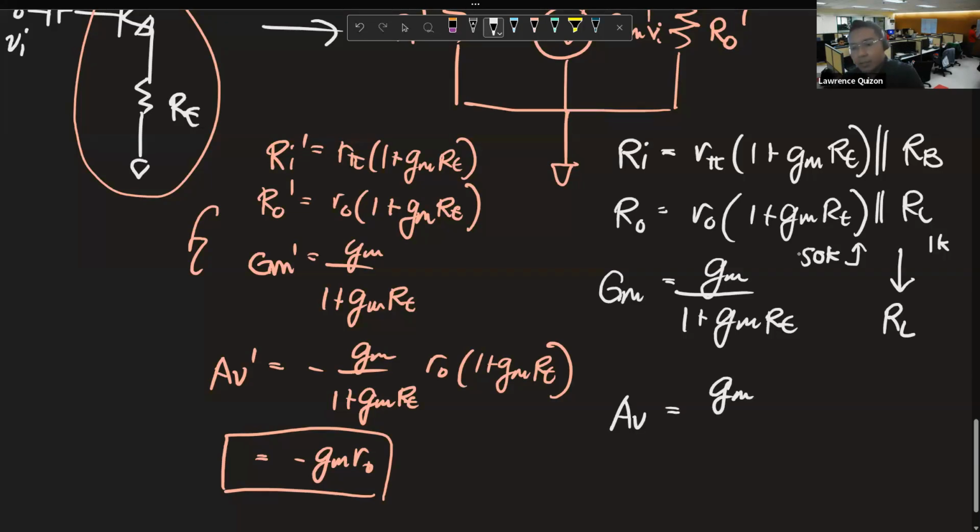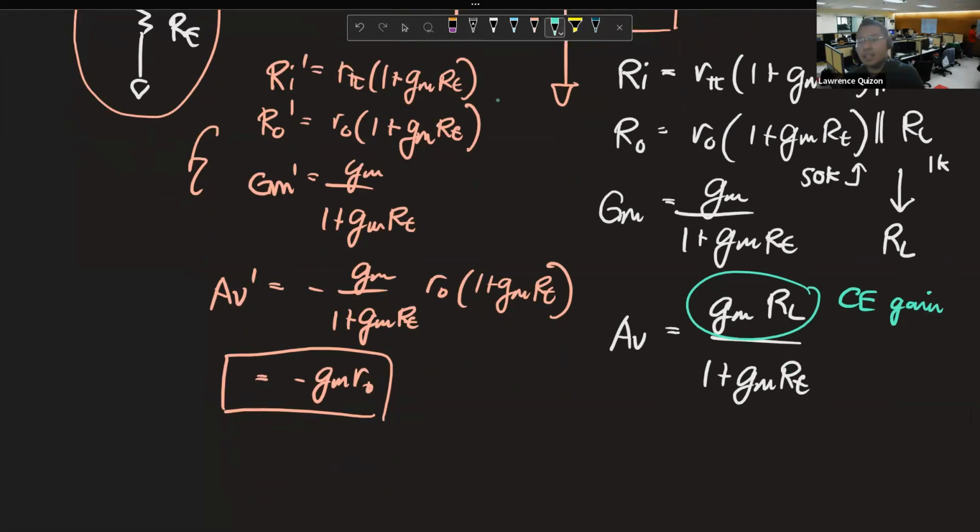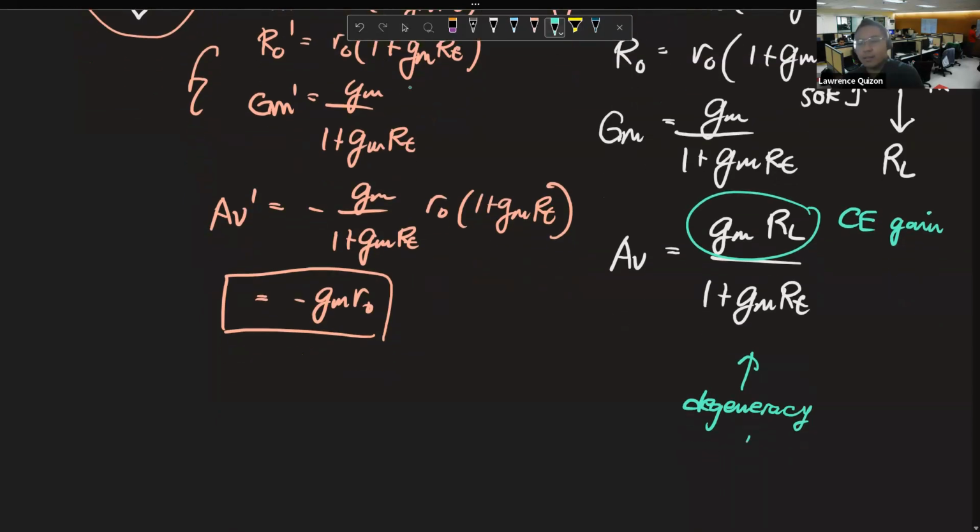Our gain turns into GM RL over 1 plus GM RE. And if you remember, this thing, the numerator, is the original CE gain. And now, it's divided by the degeneracy factor. No?